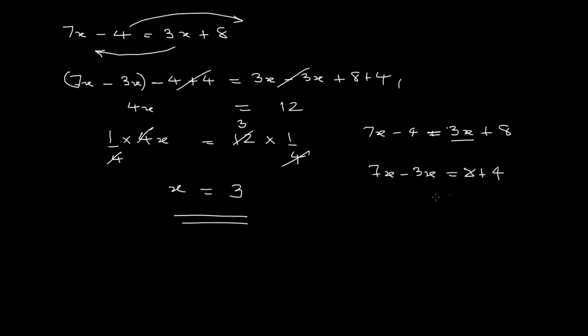So once you get used to these, they become first nature. And then here you can just simply divide by 4. Then you have x is equal to 3. So once you get used to these, then you can know what happens to the signs.